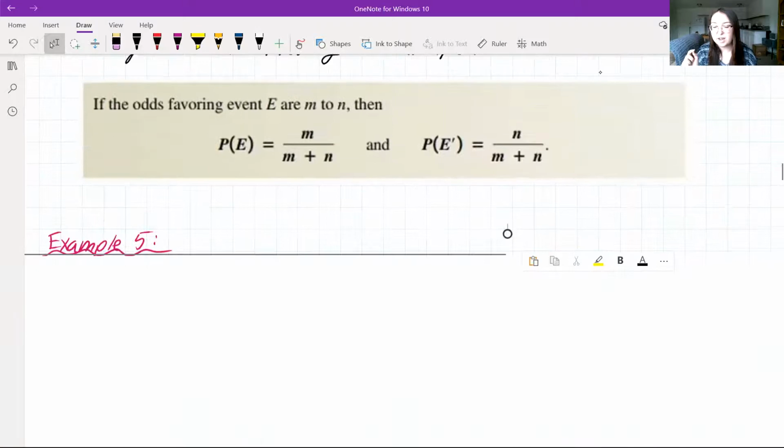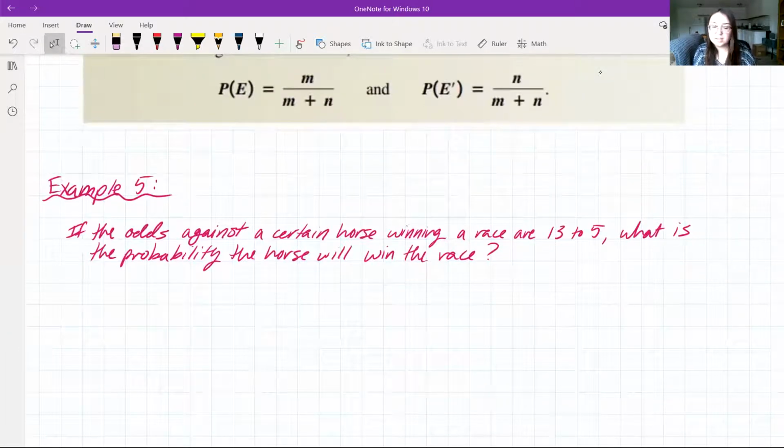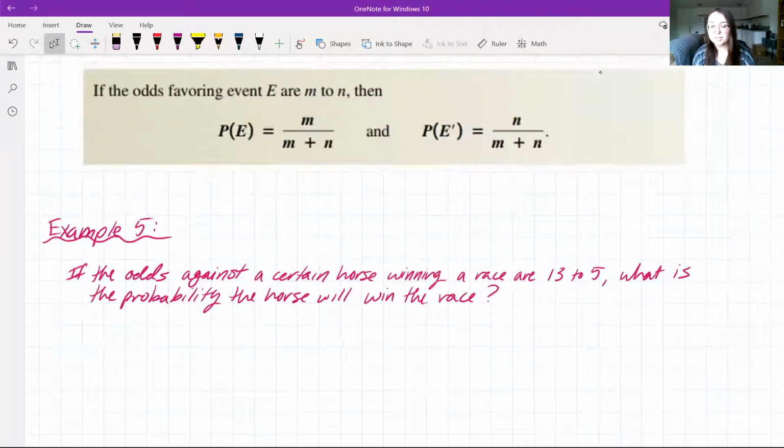Now, for example 5, we have: if the odds against a certain horse winning a race are 13 to 5, what is the probability that the horse will win the race?